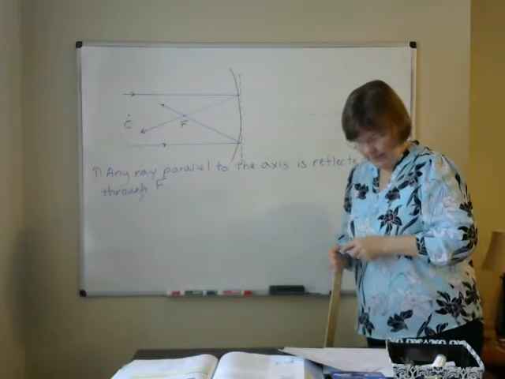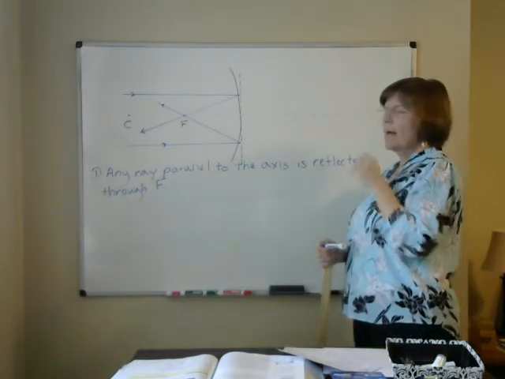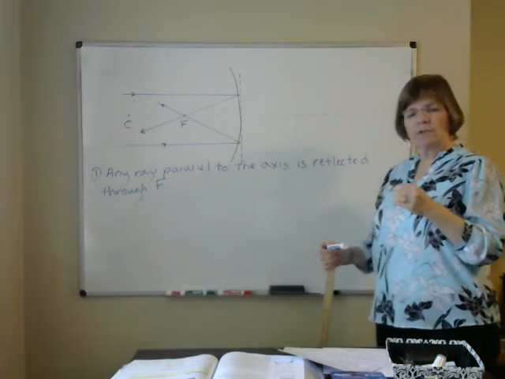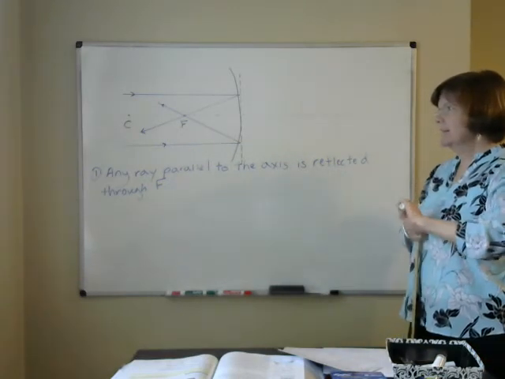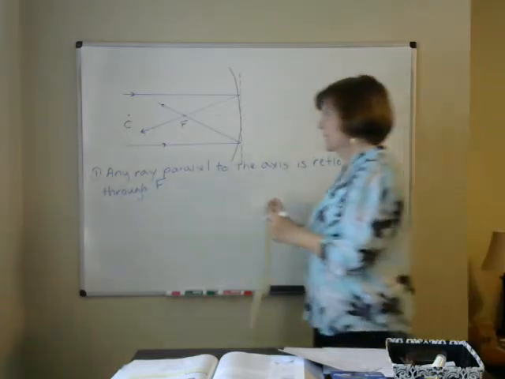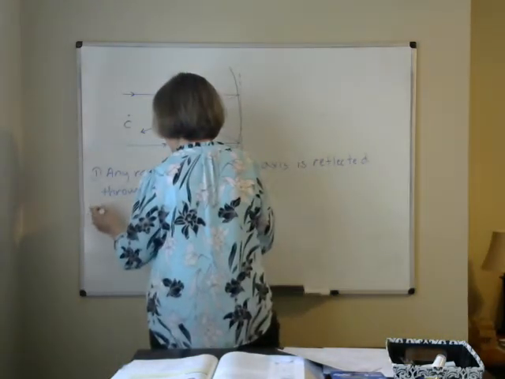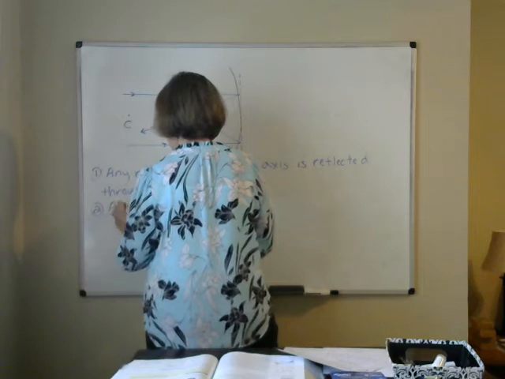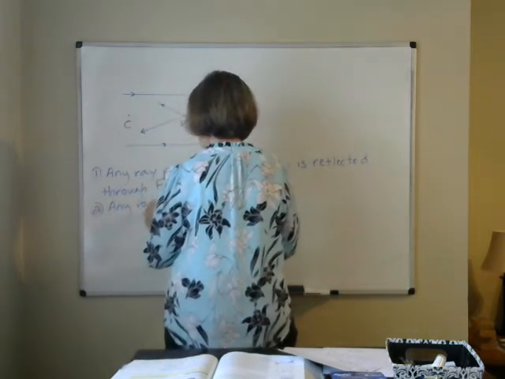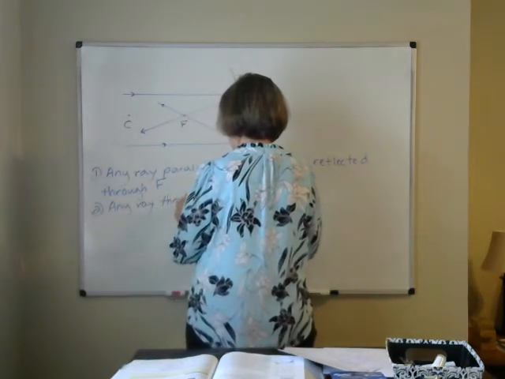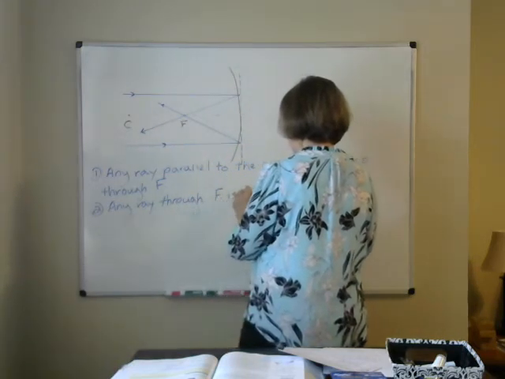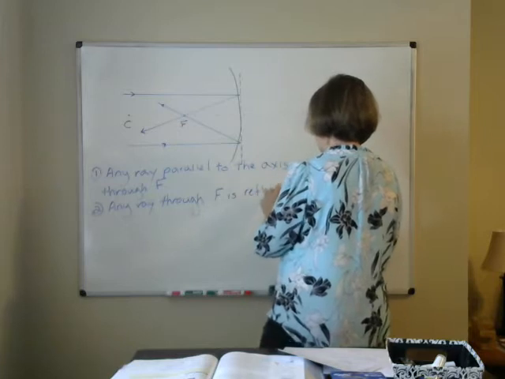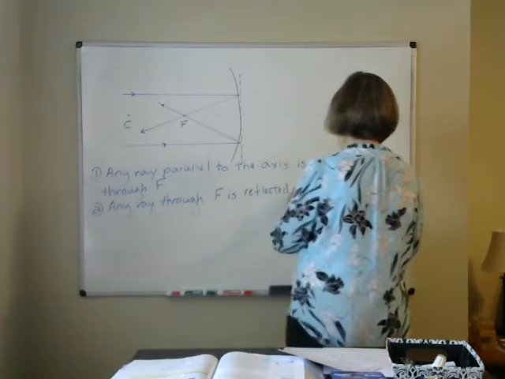Okay? Now, light rays are completely reversible. So there is a corollary to that, which basically says any ray through F is reflected parallel.